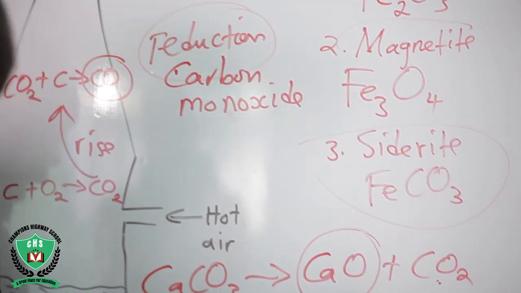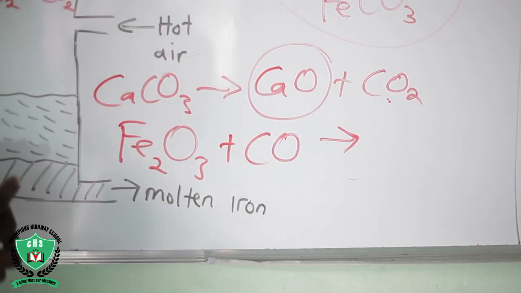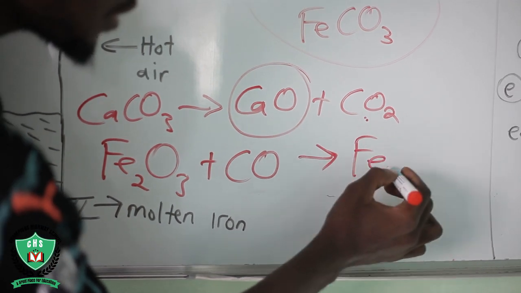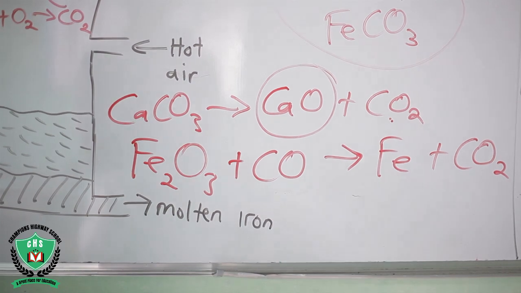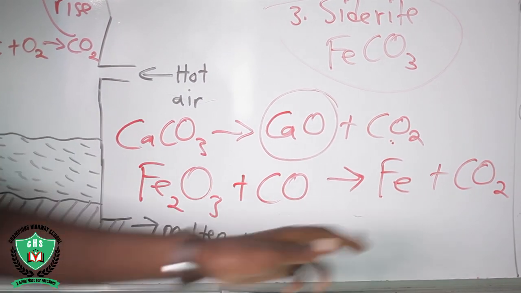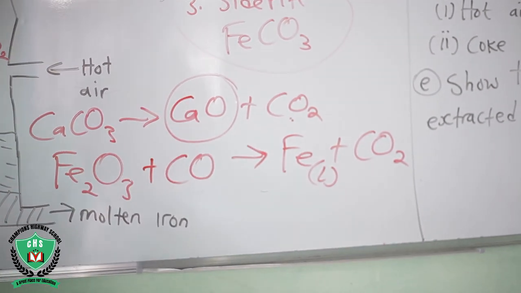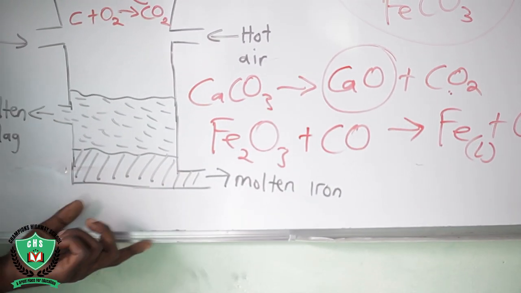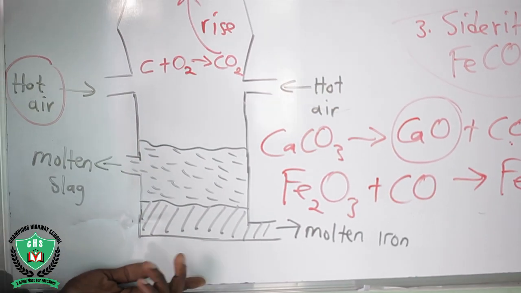So iron oxide plus carbon monoxide will actually produce iron plus carbon dioxide. The iron that is produced will be in liquid state, which trickles to the bottom of the furnace. It will come and settle down here at the bottom.